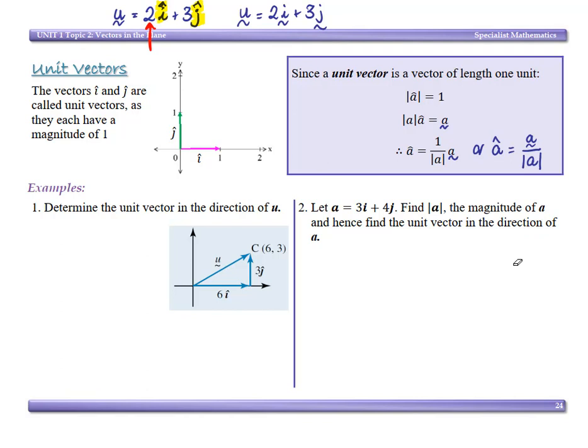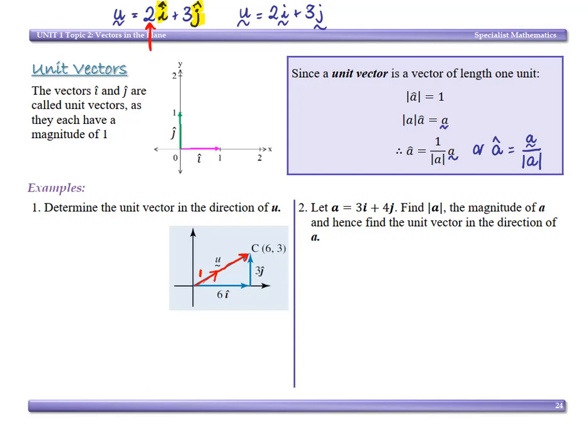So let's look at an example, and hopefully that becomes clearer. Determine the unit vector in the direction of u. So what that's saying is I have this vector u. I want the vector that has magnitude 1.